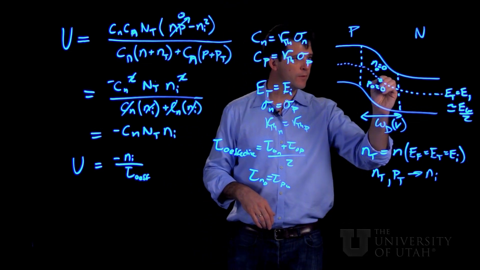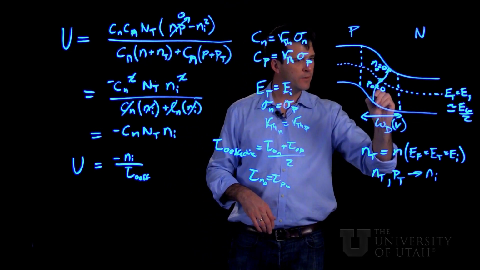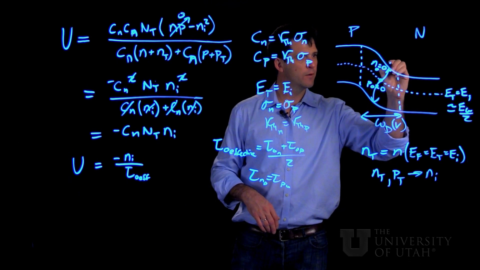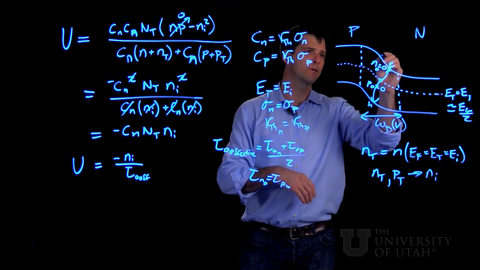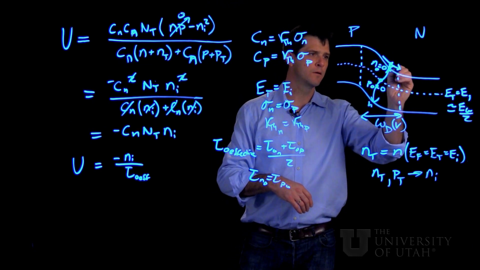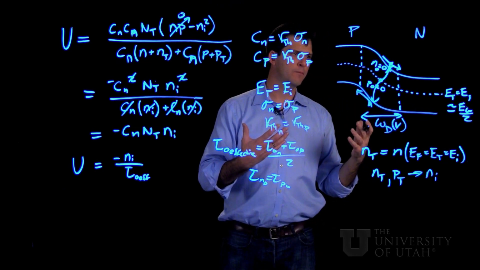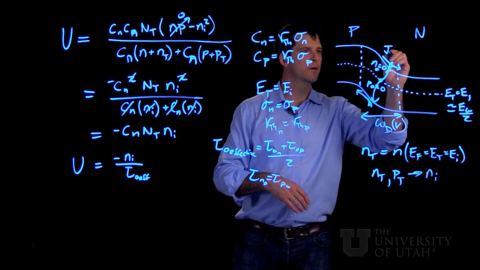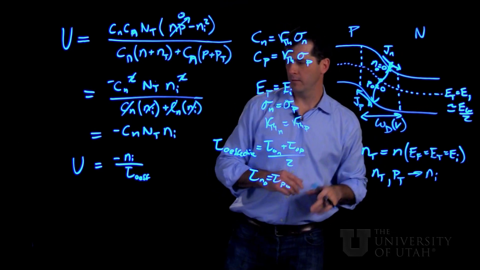So really the relevant thing it does is start thermally generating electron and hole pairs inside the depletion width. And once they're introduced into the bands, they'll drift to the other side. And so there'll be a Jn, an electron current, and a Jp, a hole current.